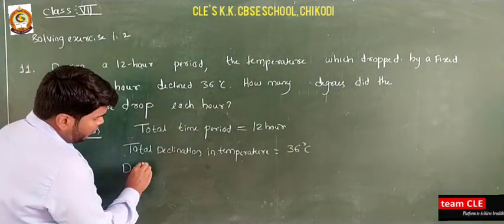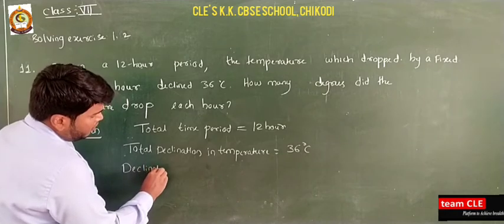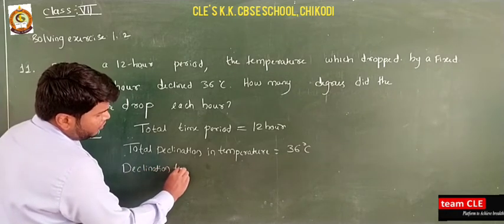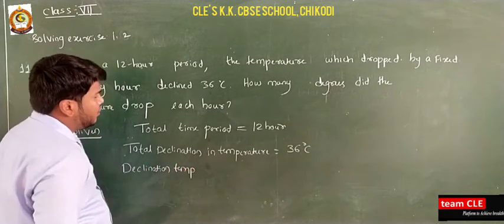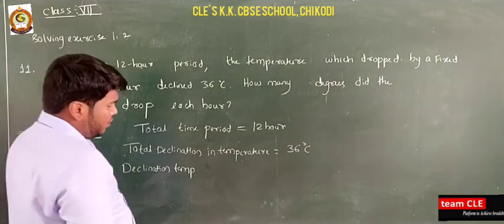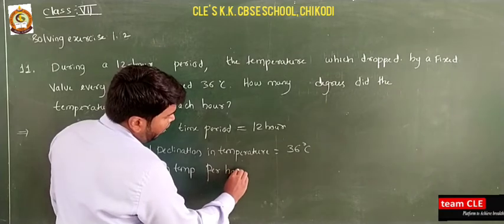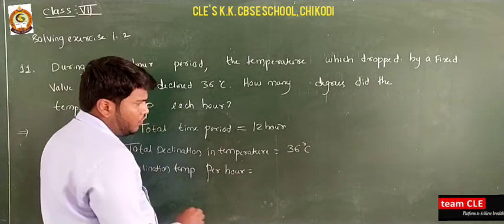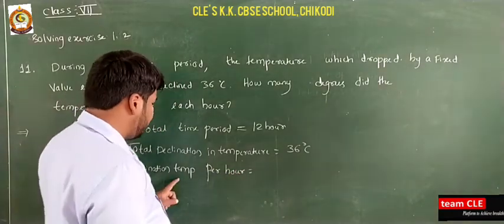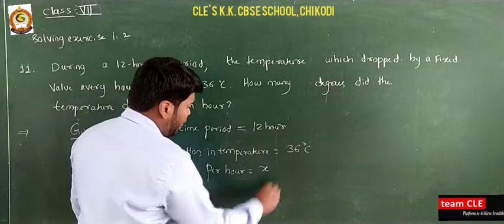They are asking the declination in temperature per hour. We don't know that, so you can just write the declination of the temperature as x.